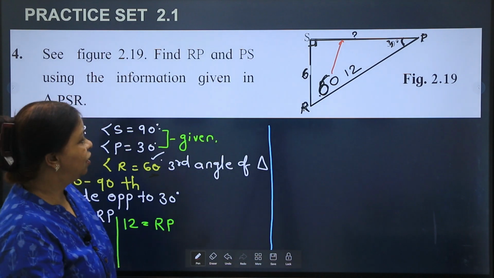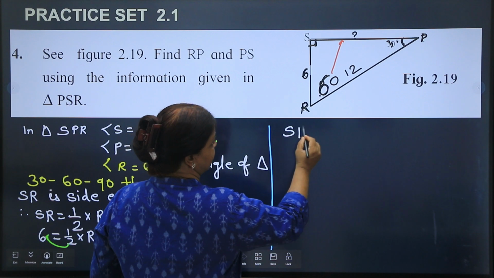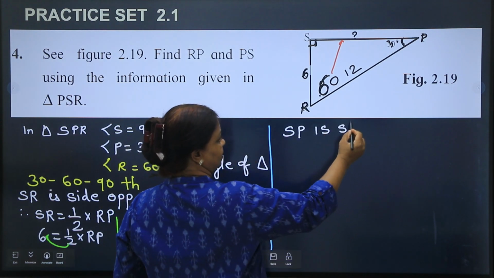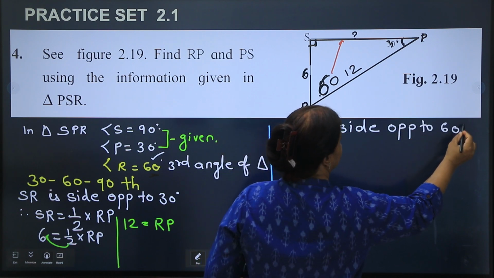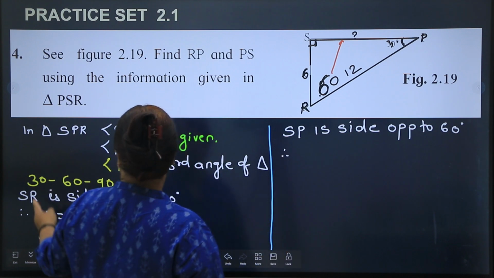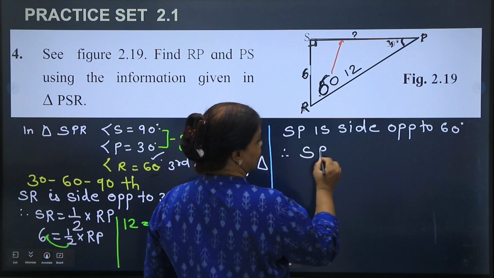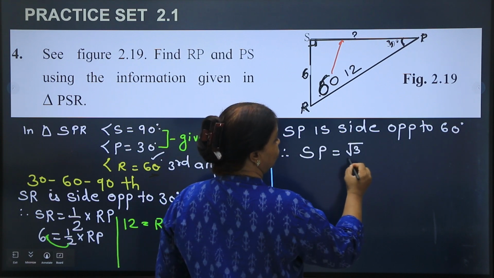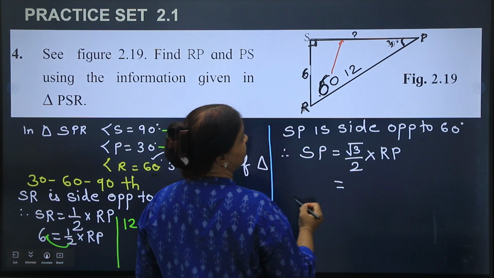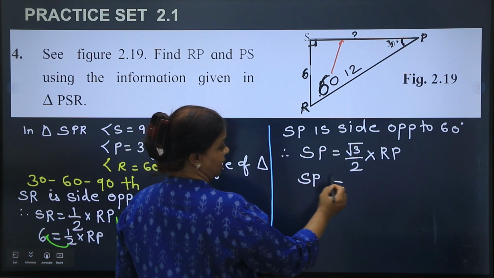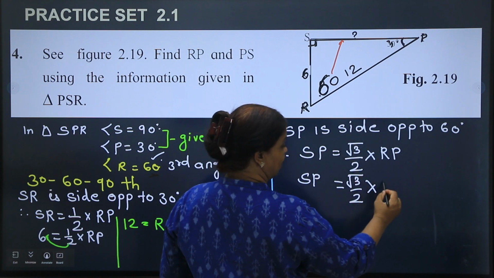So first of all we write SP is the side opposite to 60 degree. Therefore, by the 30, 60, 90 theorem, SP is root 3 upon 2 of RP. SP is to be found, and root 3 upon 2 into RP, we have got 12.